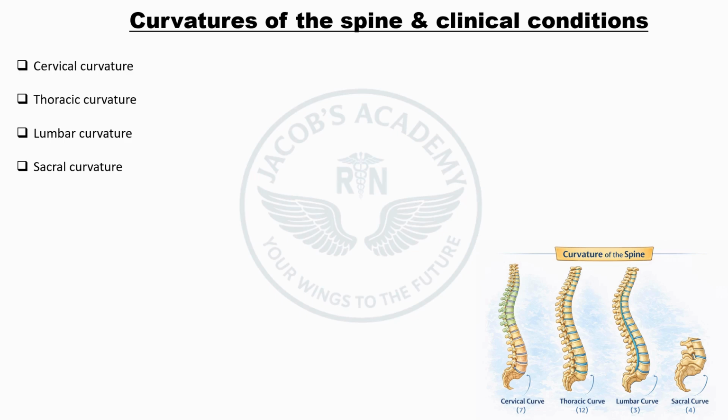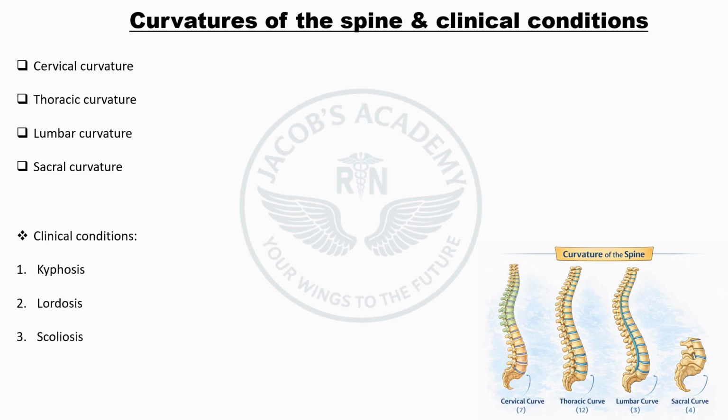The third curve is the lumbar curvature located in the lower back, and this curve is convex forwards and develops when a child starts standing and walking. It plays a major role in weight bearing. And finally, we have the sacral curvature, which is present in the pelvic region, and this curve is convex backwards and provides stability to the pelvis.